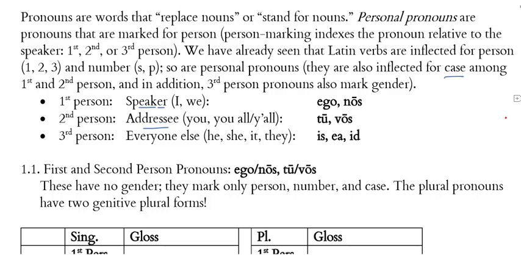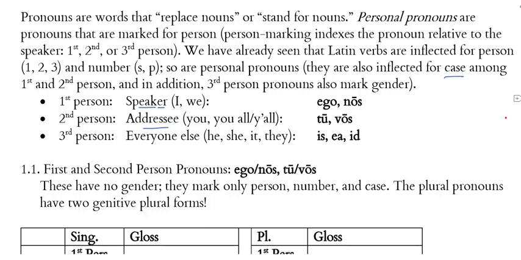Third person is basically everybody else. Whoever's not the speaker or the addressee fits into third person. Pronouns, then, in English, in third person, are he, she, it, and they. And in Latin, they are forms of is, ea, and id. And these are singular forms. If we wanted to say they, we would use the plural.